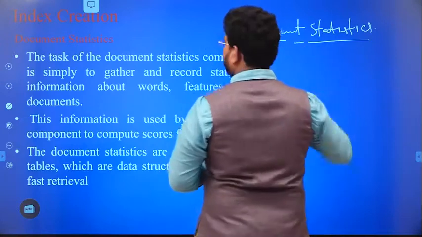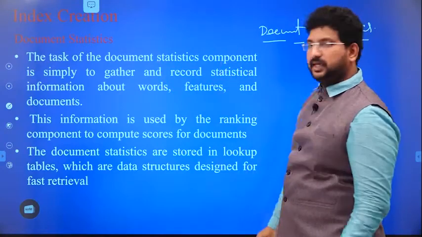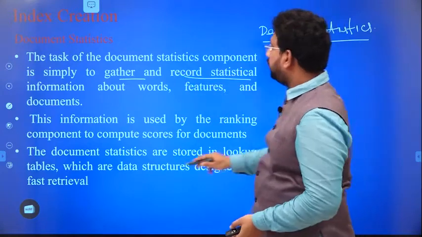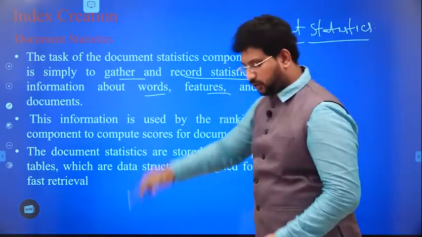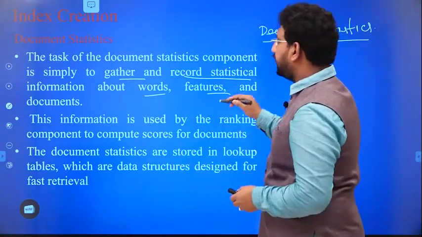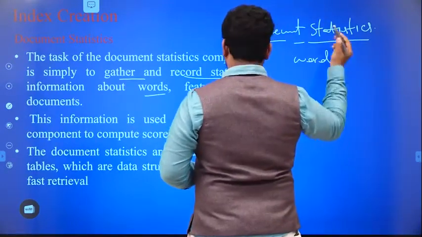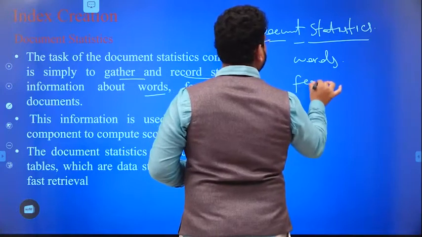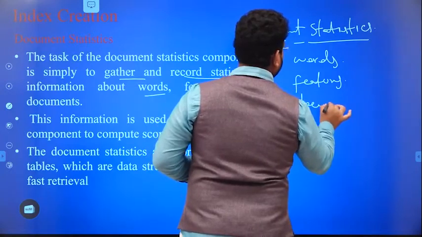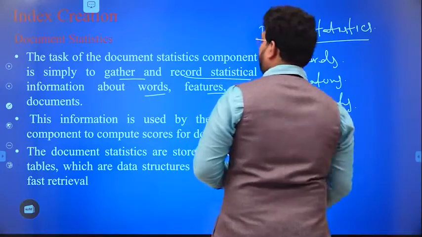The task of the document statistics component is simply to gather and record statistical information about words, features, and documents. So it is mainly responsible for gathering and recording the statistical information about all the words, features, and documents.